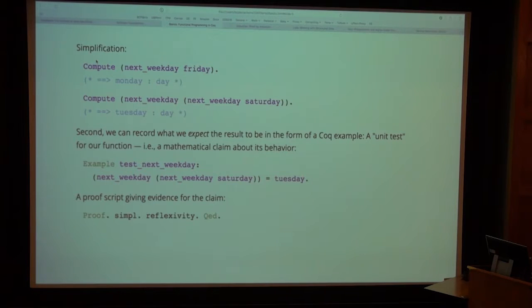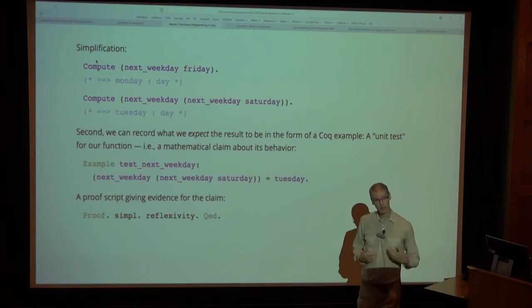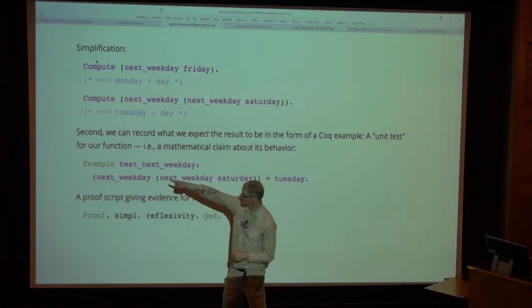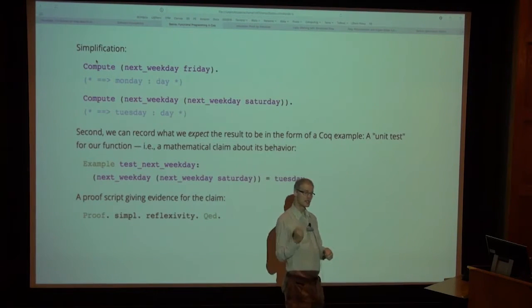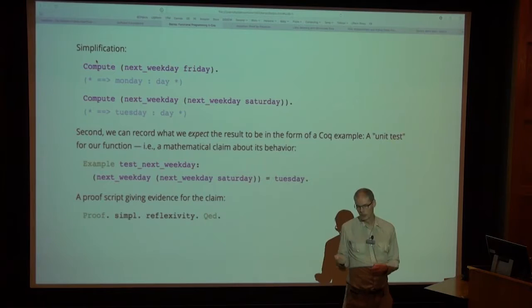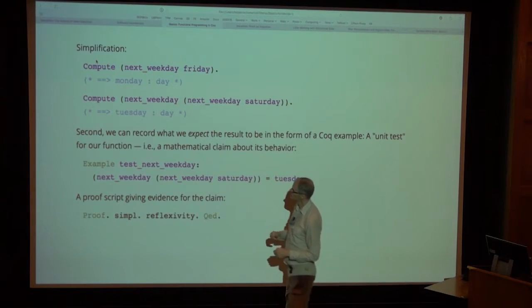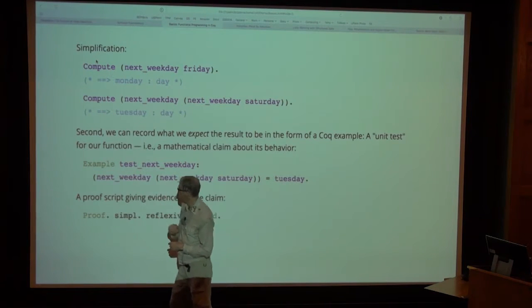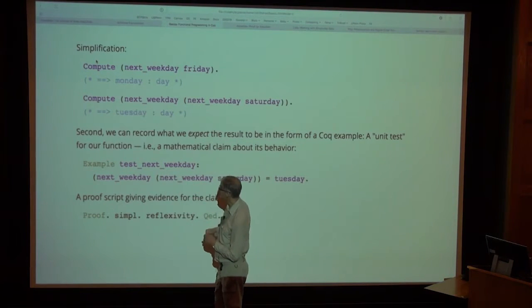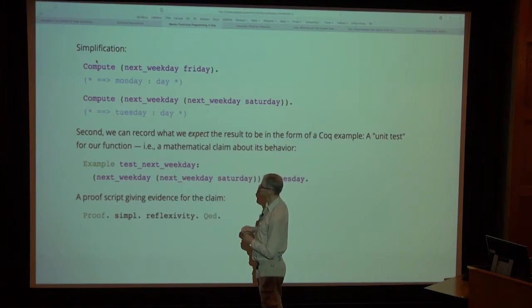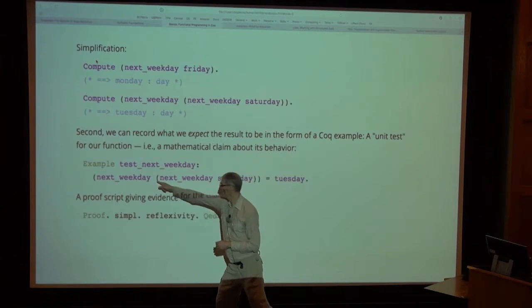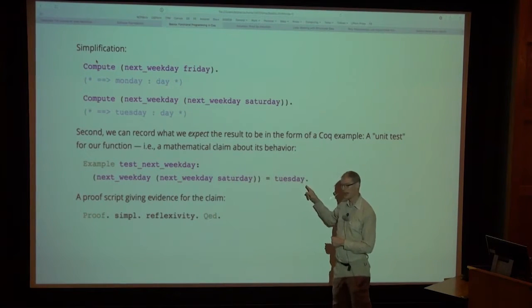The other way of talking about computations is to state theorems about them. And the keyword example is actually a synonym for the keyword theorem and the keyword lemma and the keyword fact. So we give one of those keywords, we give a name to the thing in case we want to use it later, and then we state what we think is a fact.